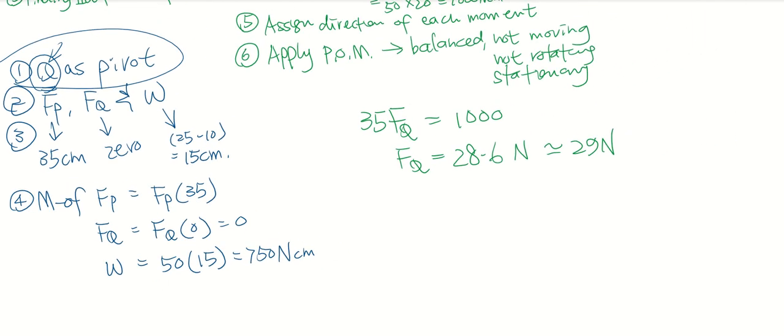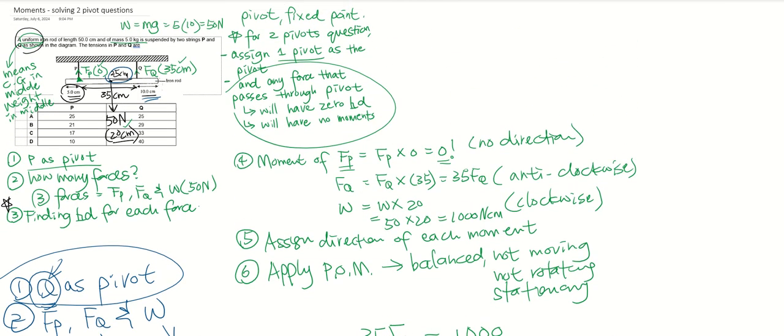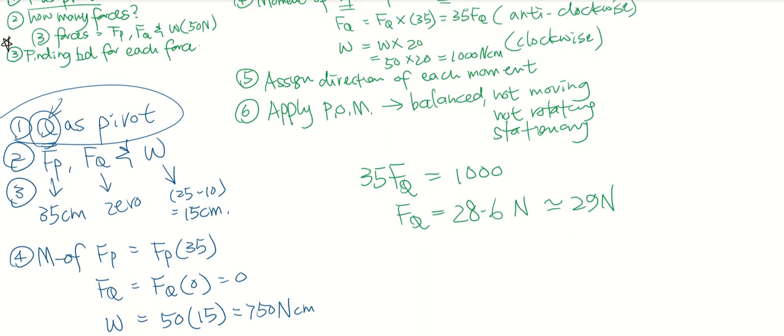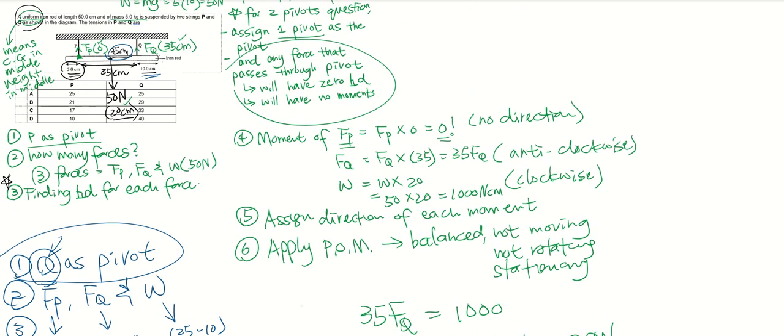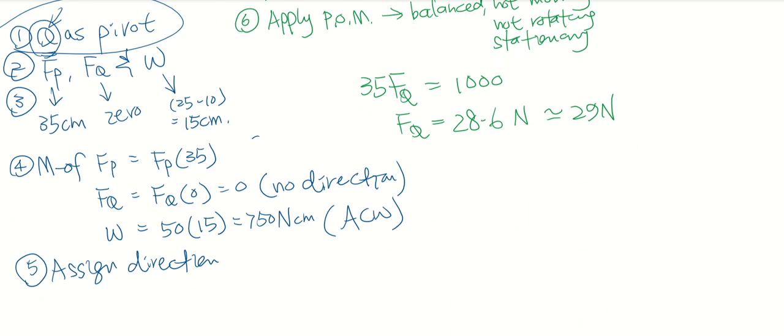Okay, so how about the direction? Step 5. Let's assign the direction. Again there will be some changes because now Q is the pivot. So if Q is the pivot, then the moment of W will be anti-clockwise. This is now 0, no direction. For moment of Fp, it will be clockwise.